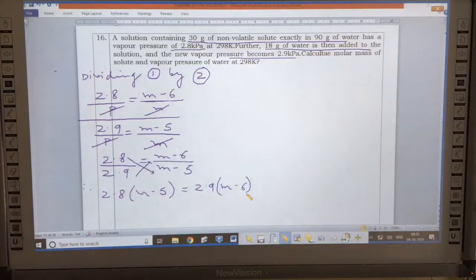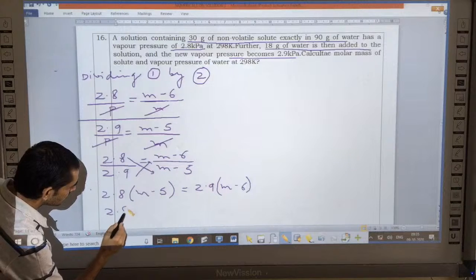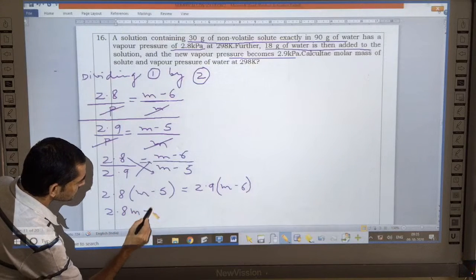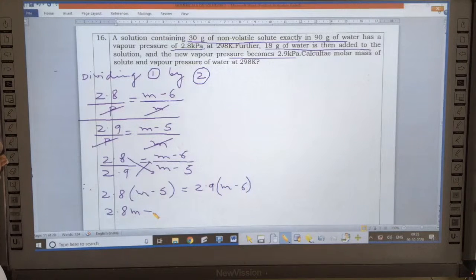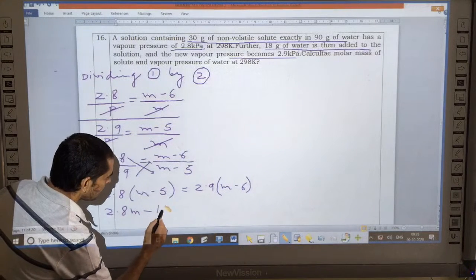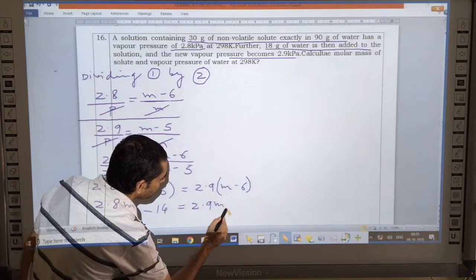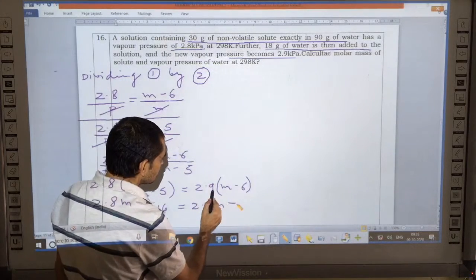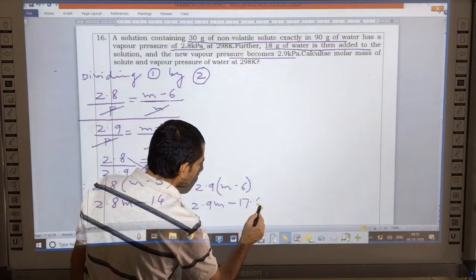Multiply it. This is coming to be 2.8 M minus 5 8 ja 8 5 ja 44, it is 14. This comes to be 2.9 M minus 6 9 ja 54 5 17.4.